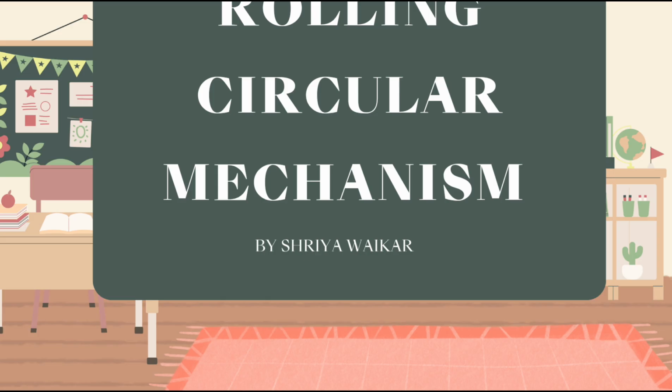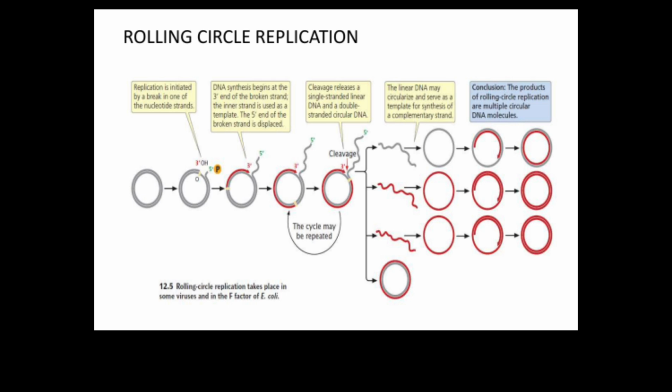The second one is rolling circle replication. It takes place in some viruses and the F factor of E. coli. Replication is initiated by breaking one of the nucleotide strands. First, a nucleotide strand is broken and then DNA is synthesized at the 3' end of the broken strand, with the inner strand used as a template.